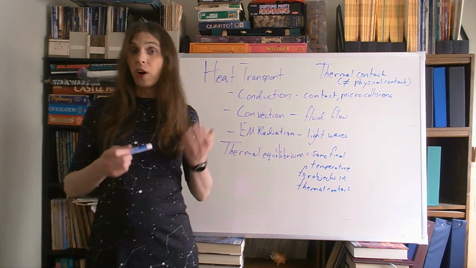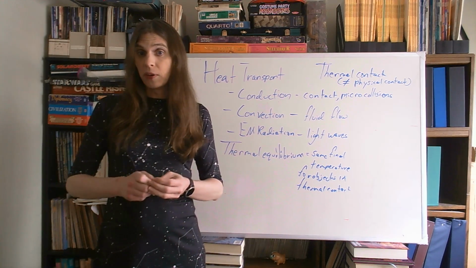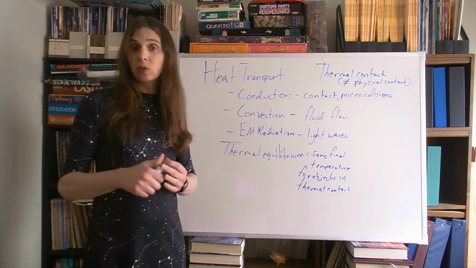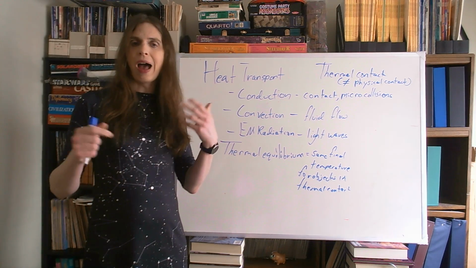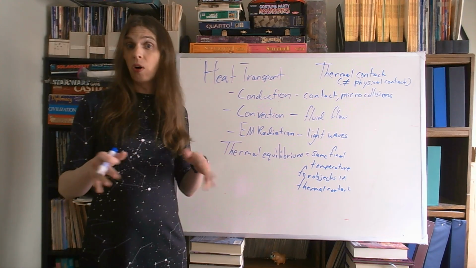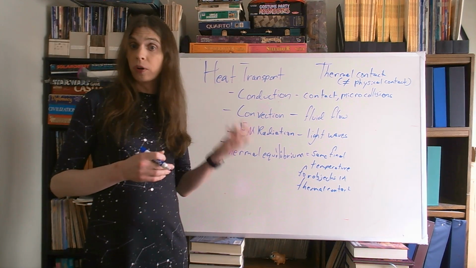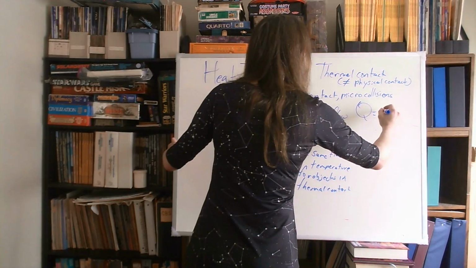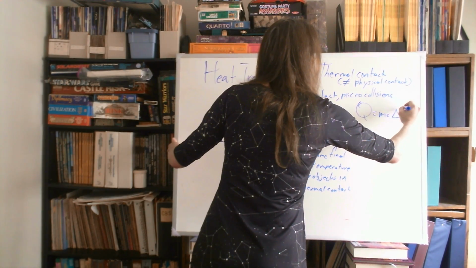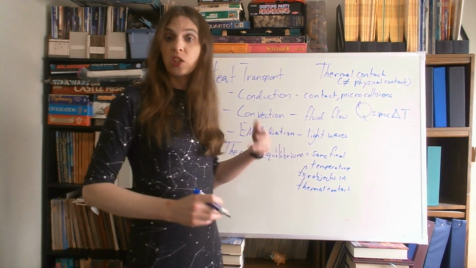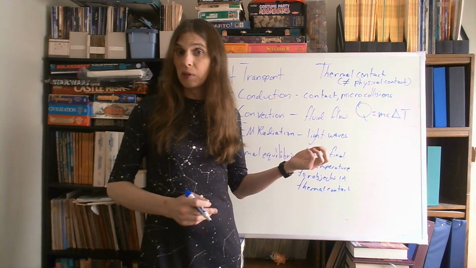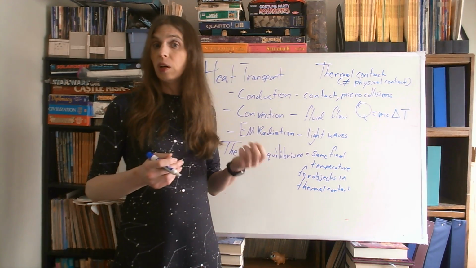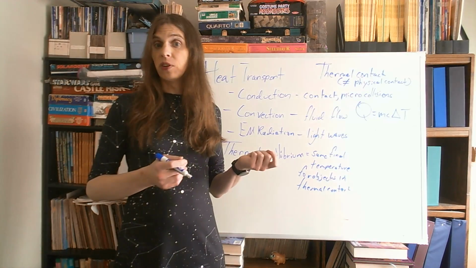Different materials are better at heat transport than others. And you may suspect that this is going to be true from what we saw with our equation for heat, where heat is proportional to the temperature change by the thing's mass and specific heat. Objects with low specific heats tend to be electrical and thermal conductors.